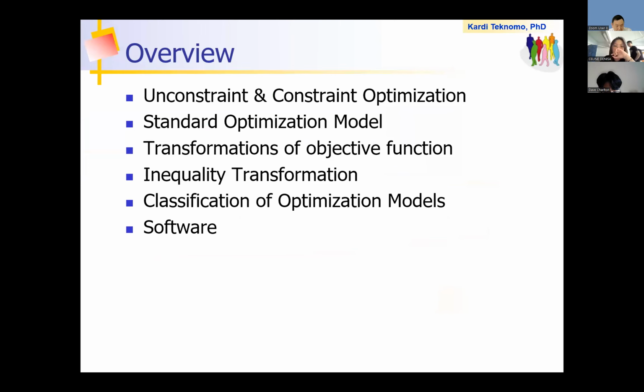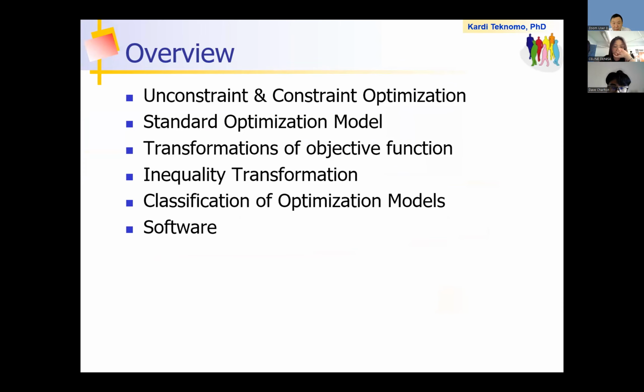So this is probably something you have learned in OR1. I want to make sure you remember all of this. We have unconstrained and constrained optimization, and we have the standard optimization model.